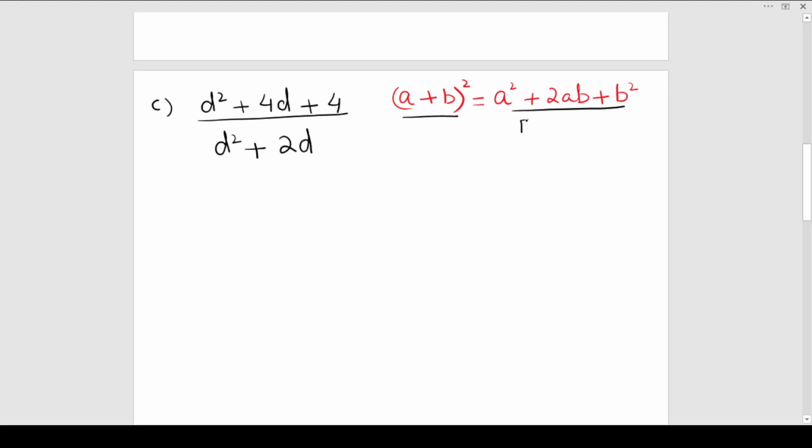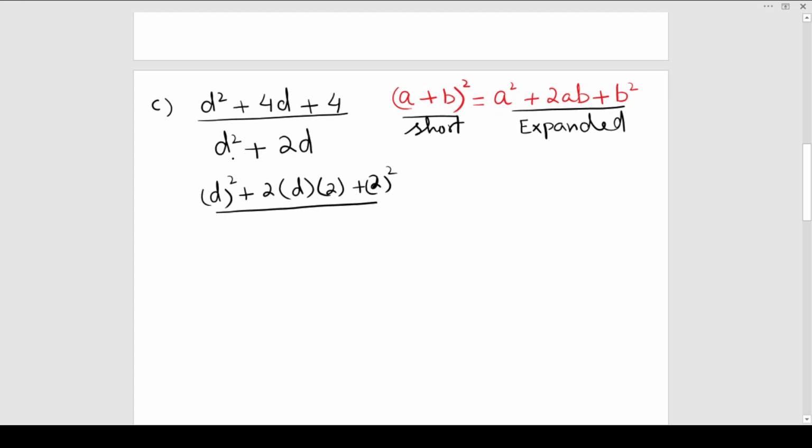This one is the expanded form and this one is the short form. So now we can write d square plus 2 into d into 2, and after that the 4 can be written as 2 squared.